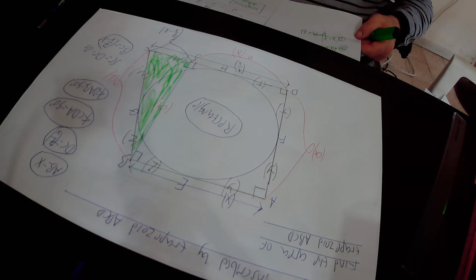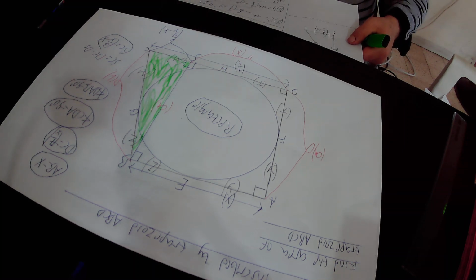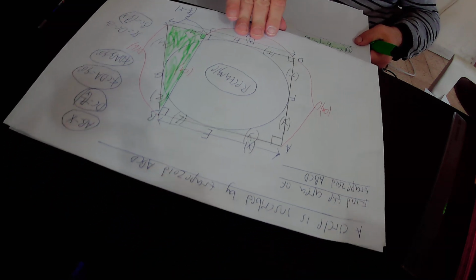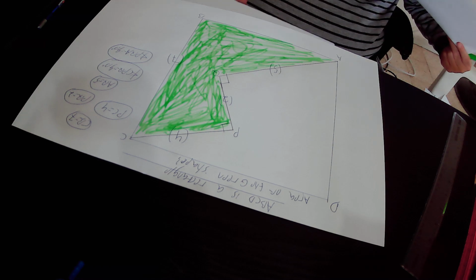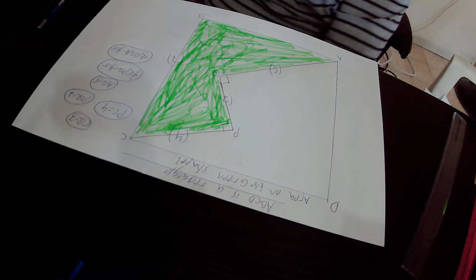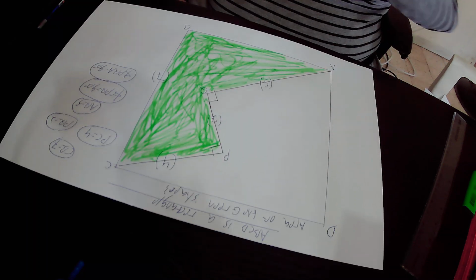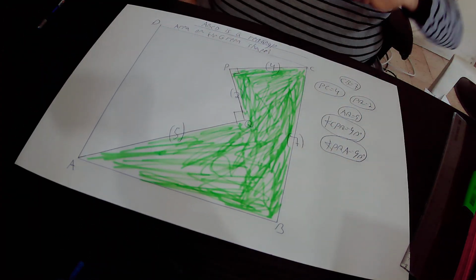Okay, so in the next step, I present to you the second question. So in the drawing, we have rectangle ABCD.